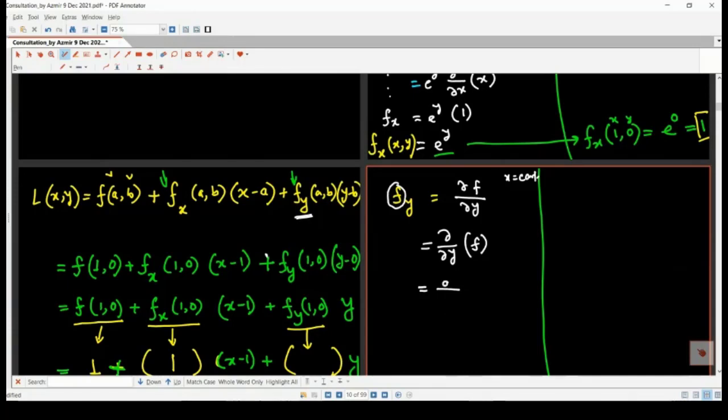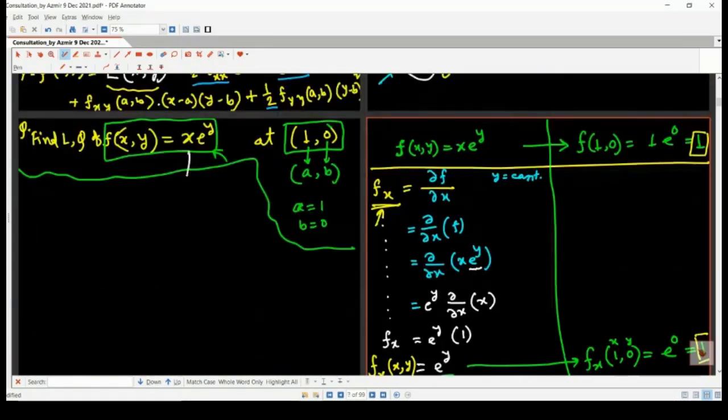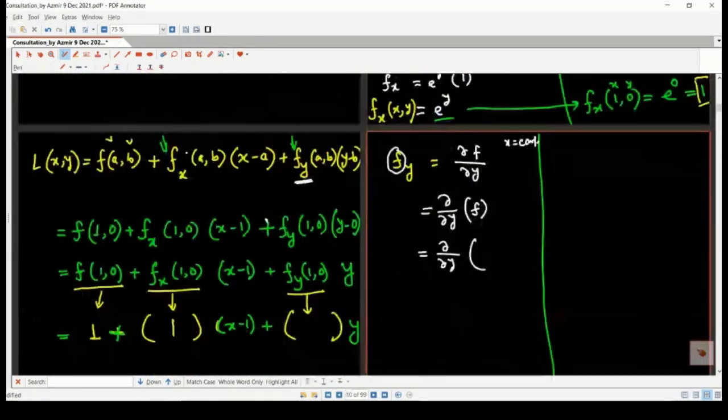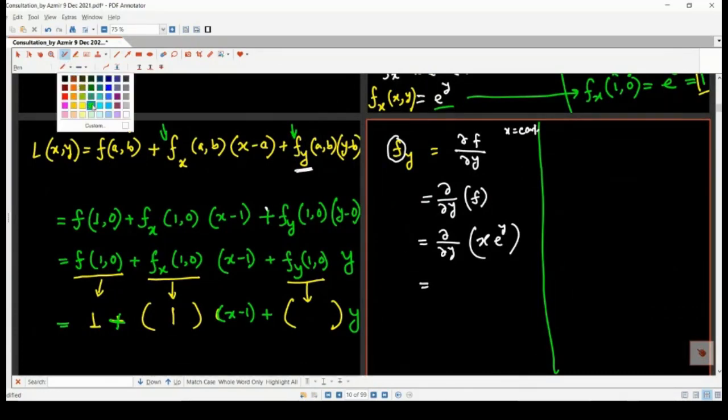What is f? F is the main function x e power y. Partial derivative is going on, so the other variable will be constant. X is constant, that's why we can pull out x before the derivative.